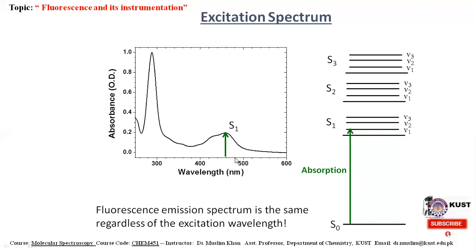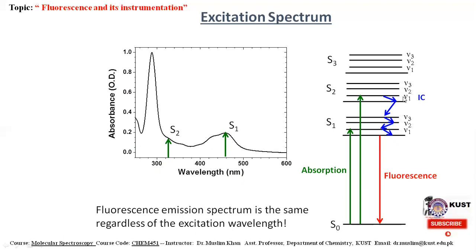So this is where absorption occurs, and the sample is absorbed. And when it is directly coming from here to here, this is called fluorescence. This is S2. This is from S0 to S2.